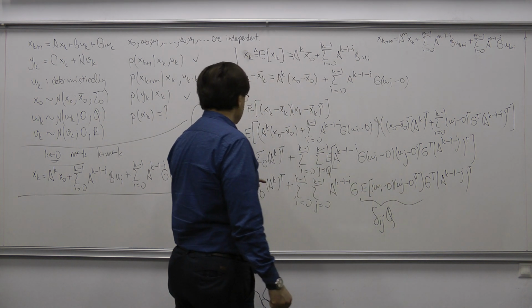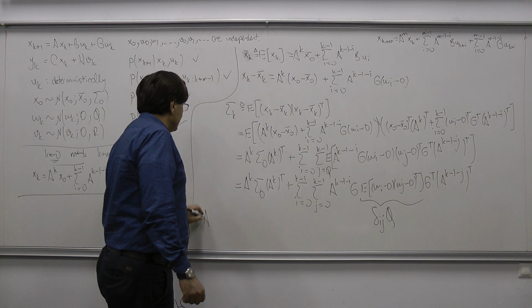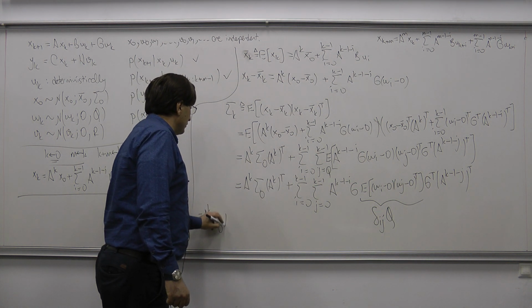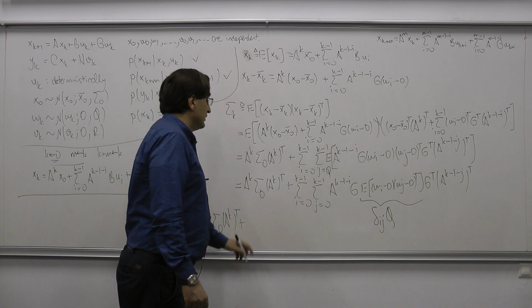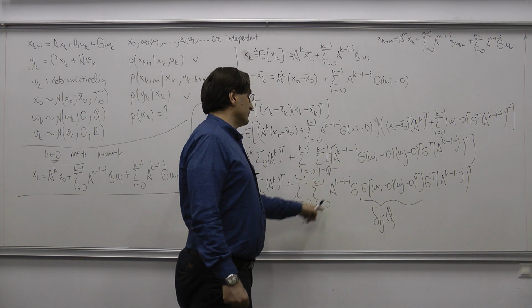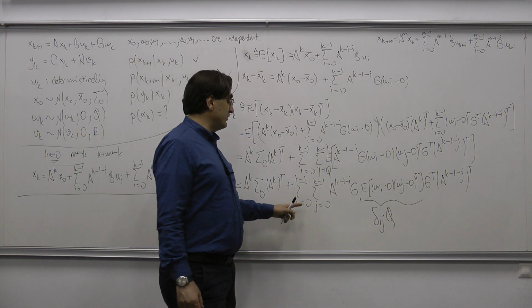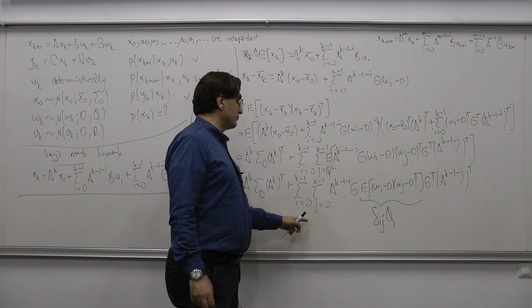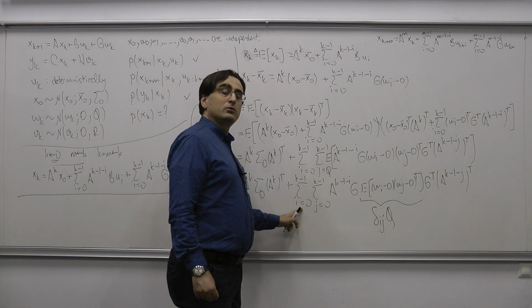Now I can use this fact as follows: A^k Sigma_0 A^k transpose plus both of these summations are going to turn into a single summation, because when i changes from 0 to k minus 1, I will keep only the j value which is equal to i.